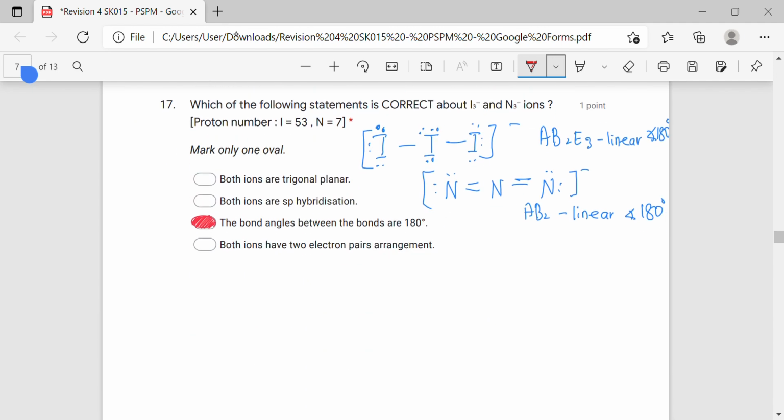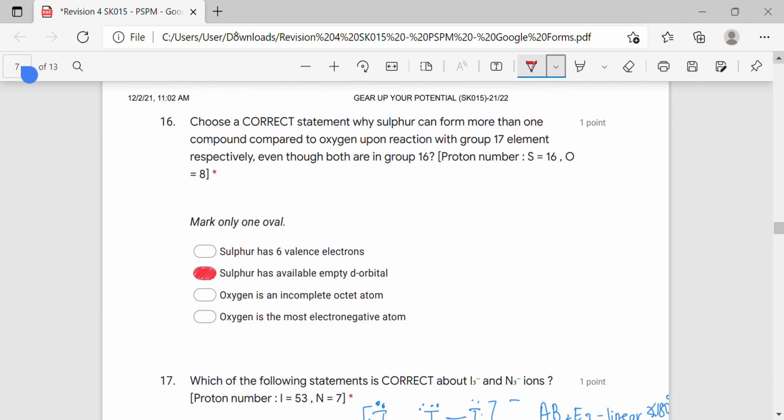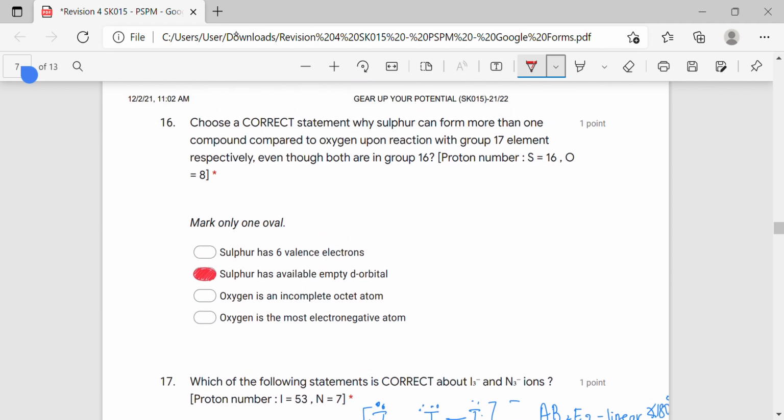Okay, choose the correct statement about sulfur. Why sulfur can form more than one compound compared to oxygen. So, with group 17, contohnya dia akan form SF4, SF6. Okay, walaupun kedua-duanya dalam group 16. Okay, so ini disebabkan oleh perbezaan period.